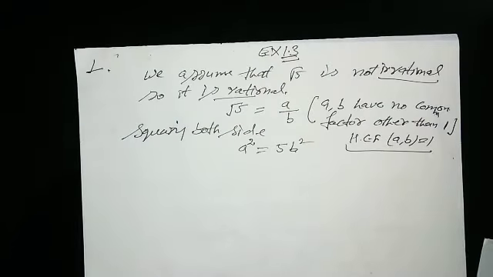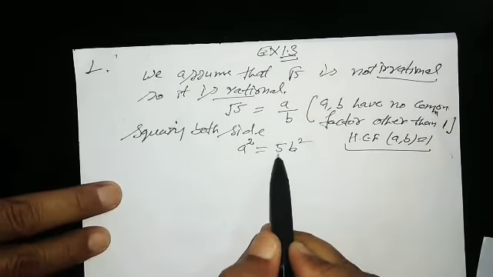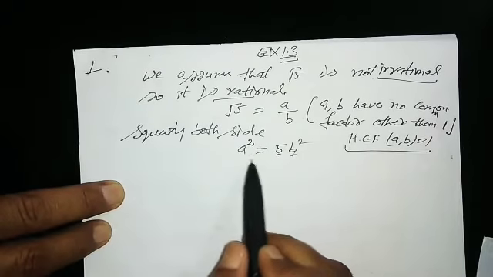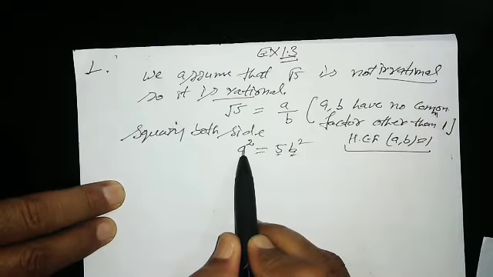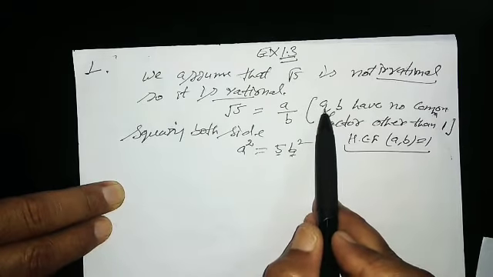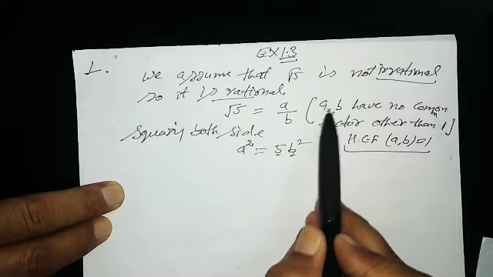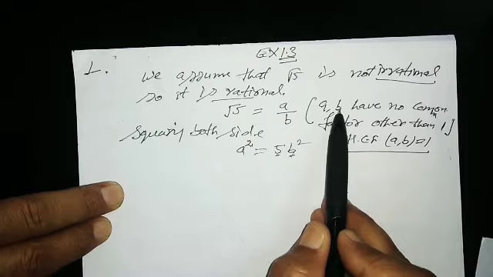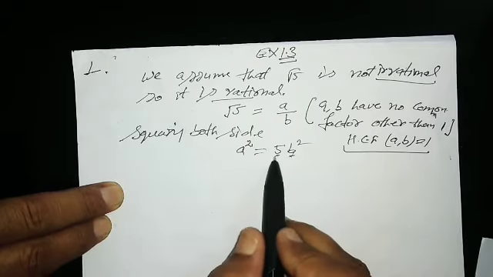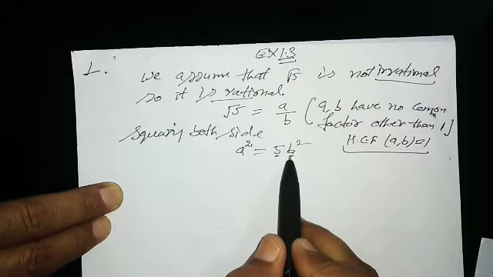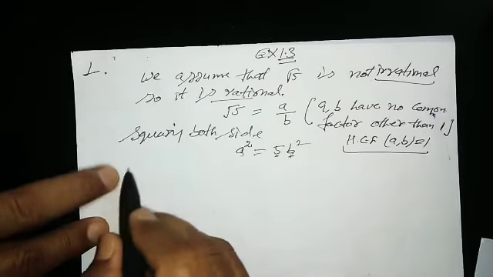Now from this expression you can say that these are two factors, 5 and b square, equal to this a square. As a and b have nothing in common, so neither a divides b nor b divides a. You can say that this 5 divides a square.